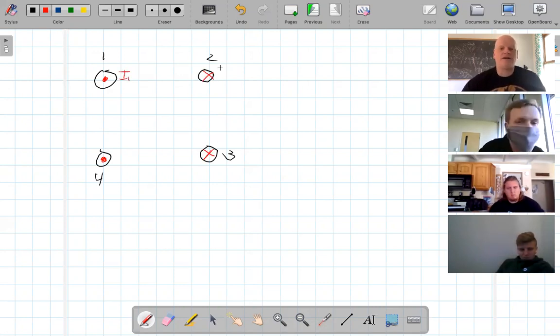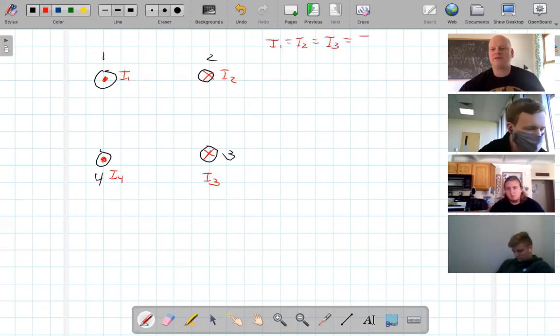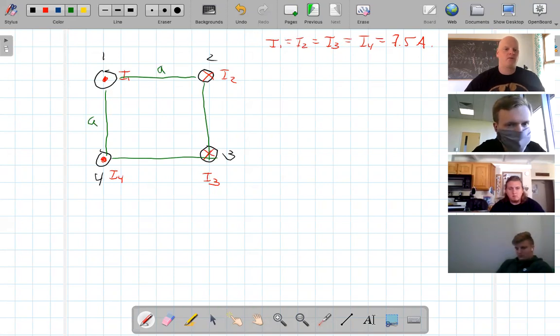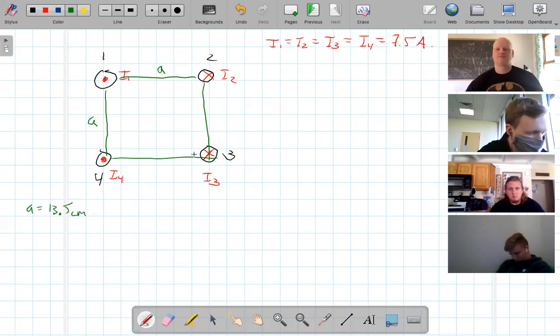So this is I1, this is I2, this is I3, this is I4, where we're told that I1 is equal to I2, which is equal to I3, which is equal to I4, which is equal to 7.5 amps. And then the distance between all these guys, A. So A and A, where A is equal to 13.5 centimeters. Good. So ultimately what I want to know in this case then is, what is the force on wire number 4? So this is what we want to know. What's the force on wire number 4?